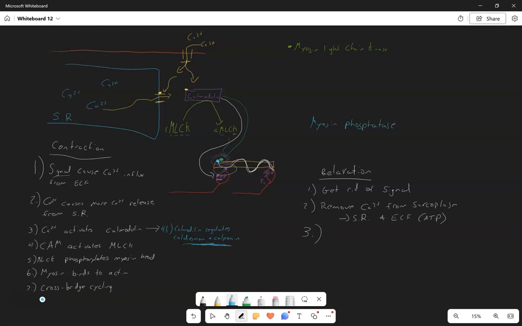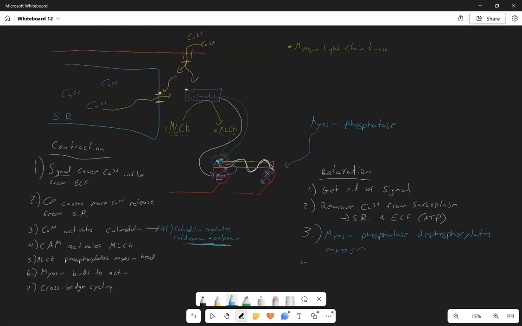Myosin phosphatase will come in and remove that ADP and inorganic phosphate, dephosphorylating that myosin head. So we'll say myosin phosphatase dephosphorylates myosin.